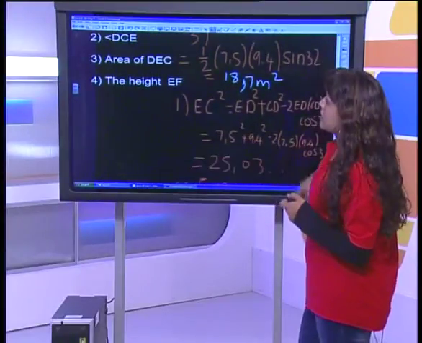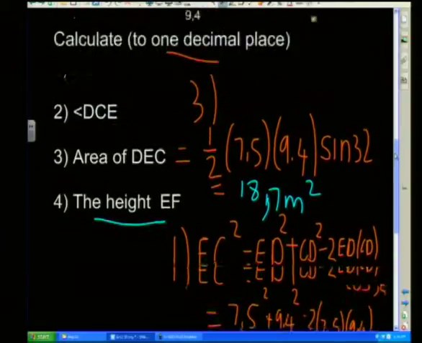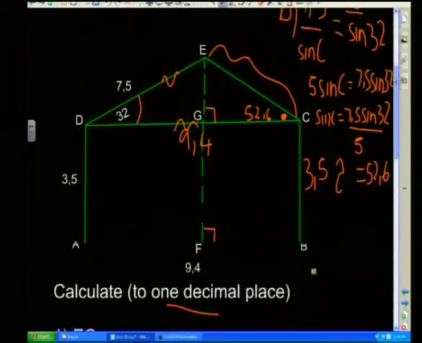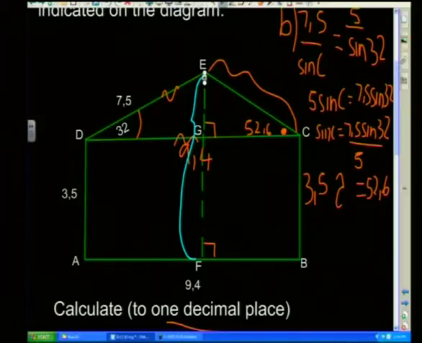Okay, so we're quickly going to look at the last part of this question, find the height of EF. And in fact, it ties in with what I was telling you now. Because if you look at EF, it's the sum of EG plus GF. GF is the same perpendicular distance between DC and AB as AD and BC.